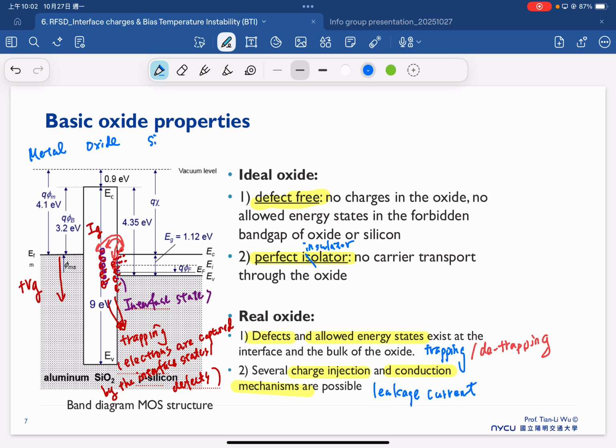That's why in the later slides we will talk about what kinds of defects and allowed energy states, and what kinds of charge injection and conduction mechanisms are responsible for this leakage current.